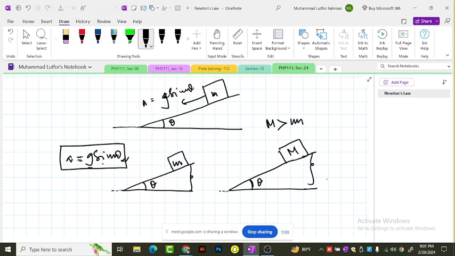Since we are doing the same experiment in the same place with the same identical inclined plane, they will move with the same constant acceleration, and that acceleration is independent of the mass. That's why they will come down at the same time, which means the match will be a tie over here. But if there is friction, then this system is going to be different, right?